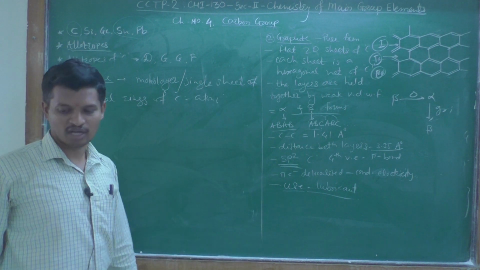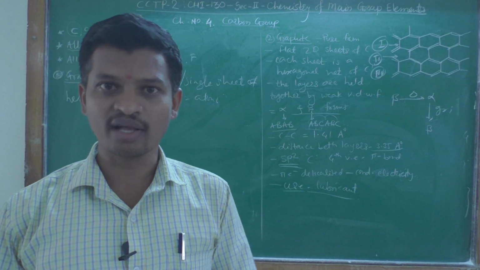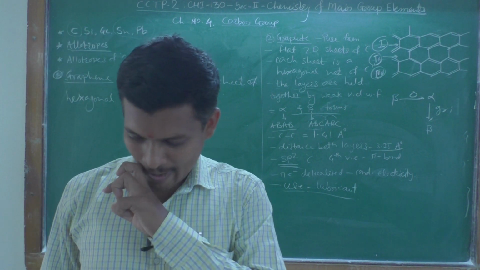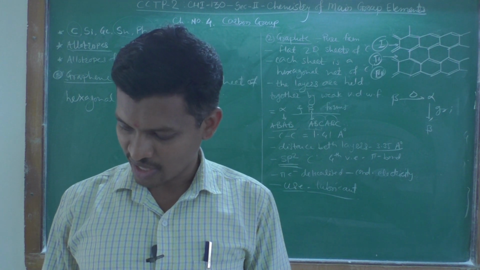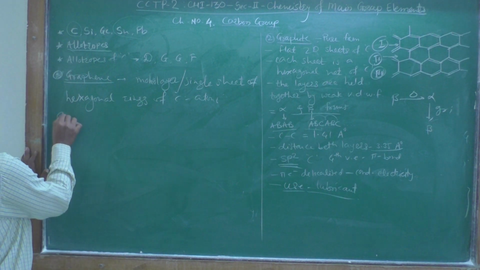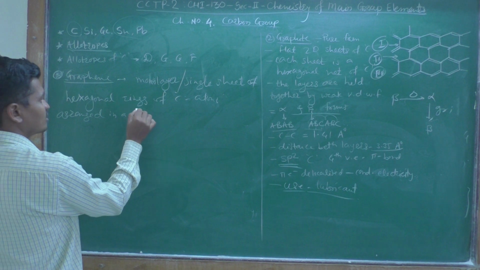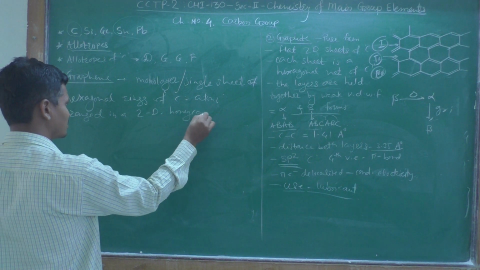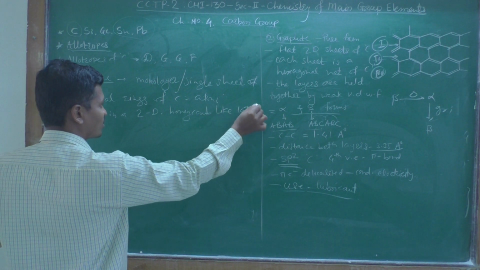This is the main thing about graphene. It consists of a single layer of carbon atoms arranged in a two-dimensional honeycomb-like structure or lattice.